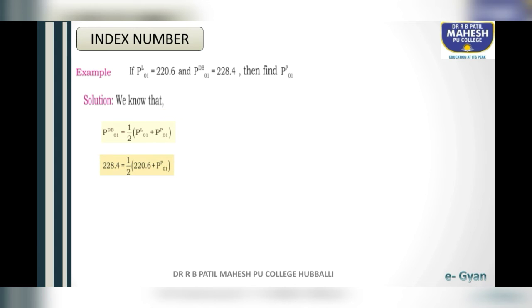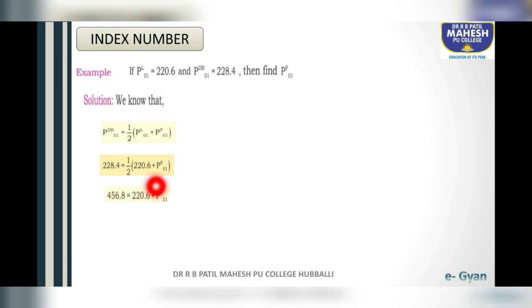Let us substitute the values. P01 of Drobisch-Bowley is 228.4, equal to 1 by 2 into P01 of Laspeyres, 220.6, plus P01 of Paasche. Now we have to find P01 of Paasche. Next step is to cross multiply: 2 into 228.4 is 456.8. So this is equal to 220.6 plus P01 of Paasche.